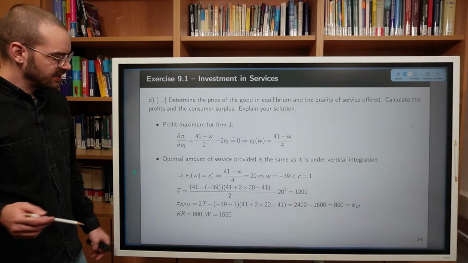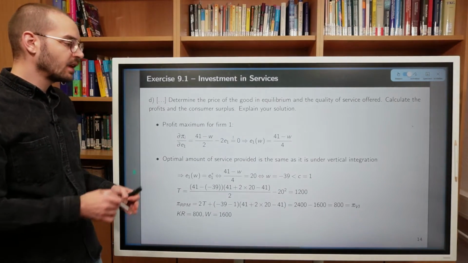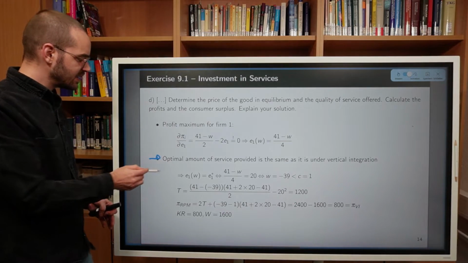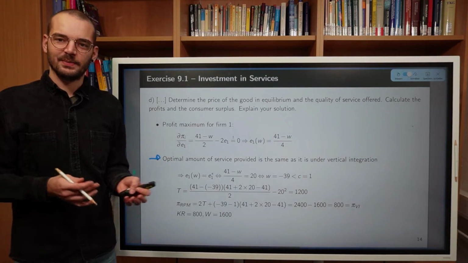Now, in order to find the equilibrium, we can take a shortcut at this point.